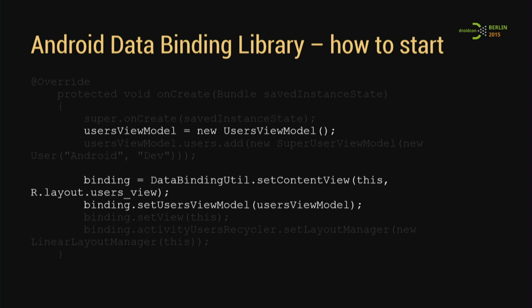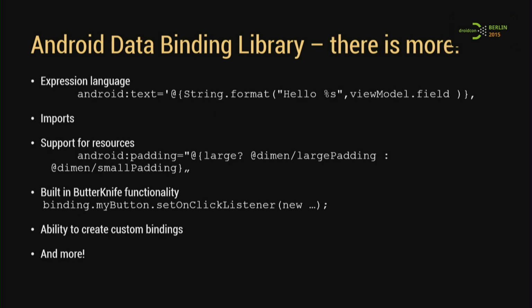And because data binding library is using code generation, it generates data binding class for each view, which we are using with this library. And it exposes the method to set the variables which we defined in our XML file. So in my case, it was user view model, for my view model. That's it. I will show the demo in the next slide.